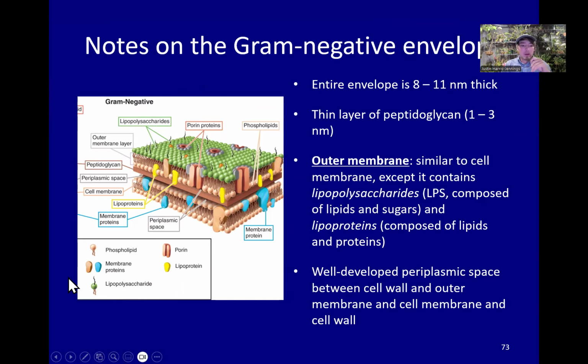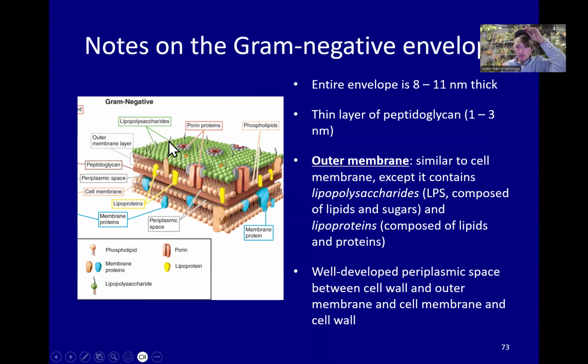And these lipid polysaccharides are typically fairly immunogenic, so they cause an immune reaction, and they're typically considered to be toxins. So a lot of the time, they can cause symptoms when they're released into the body.